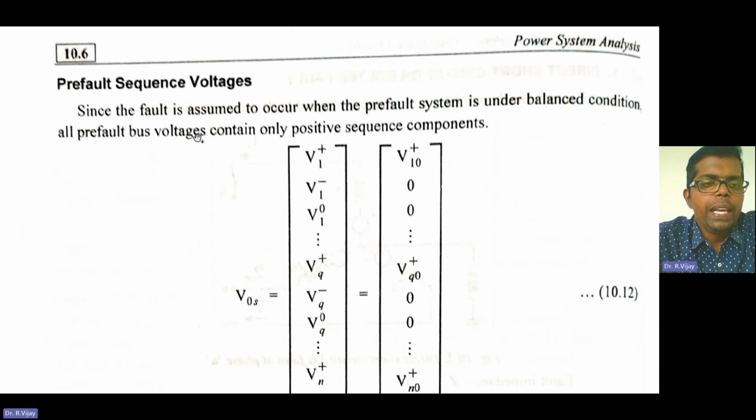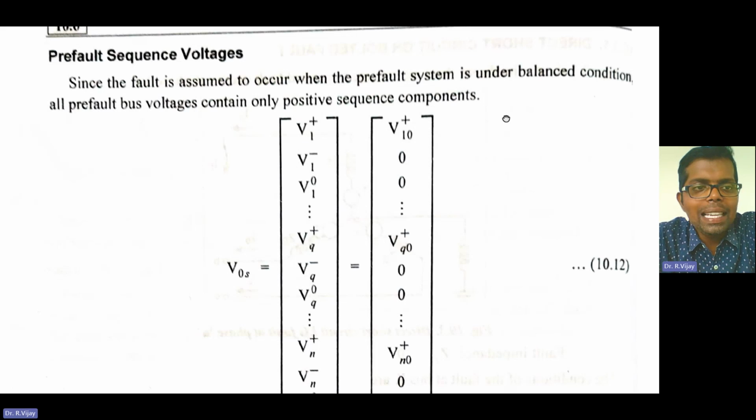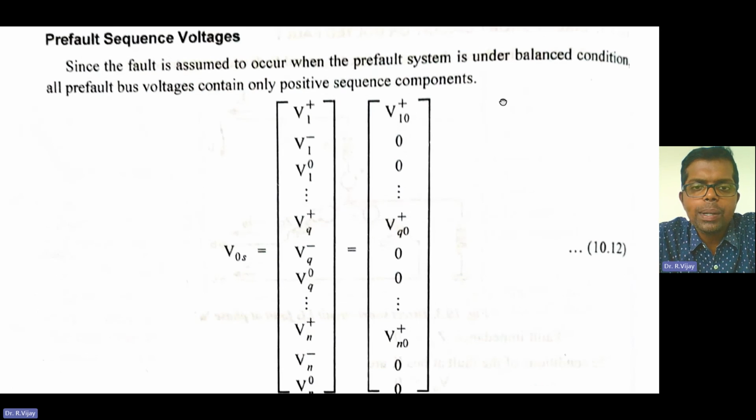Next, pre-fault sequence voltage. Since the fault is assumed to occur when the pre-fault system is under balanced condition, all pre-fault bus voltages contain only positive sequence components.